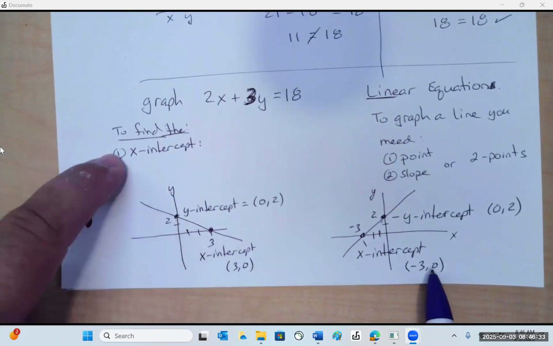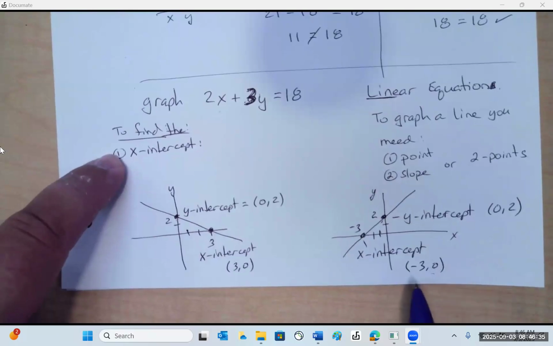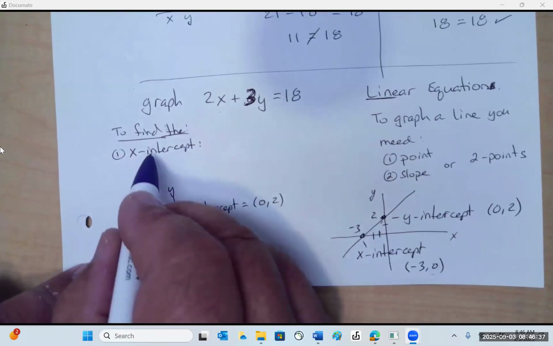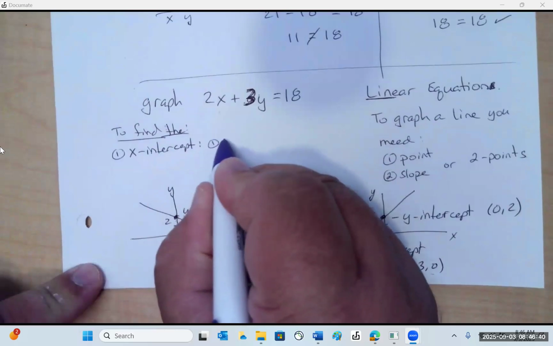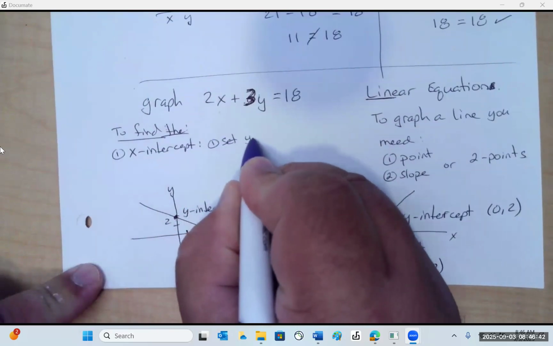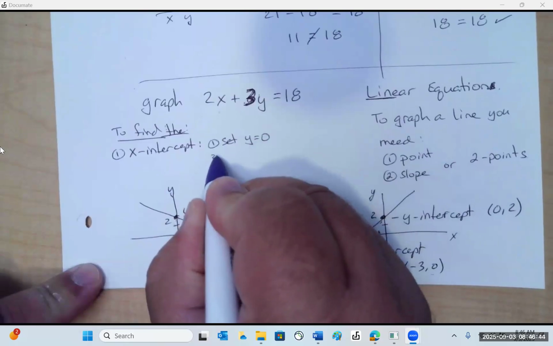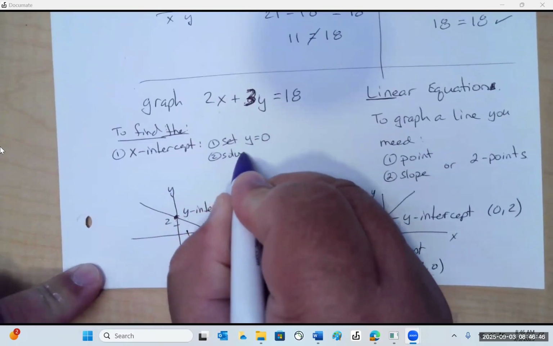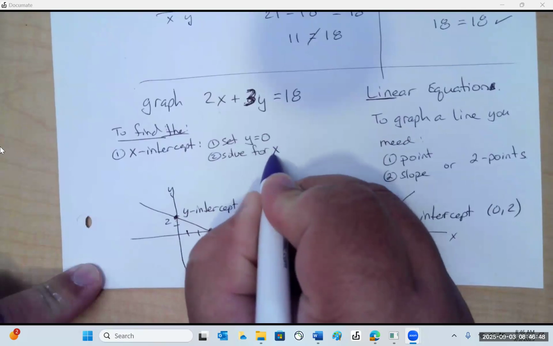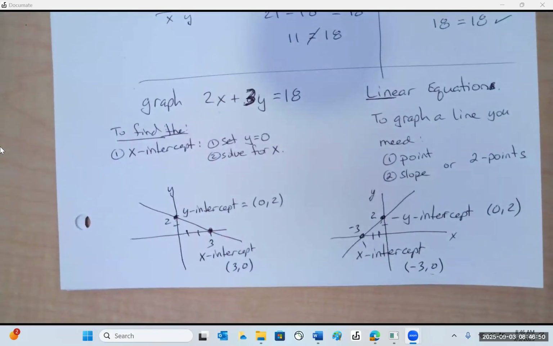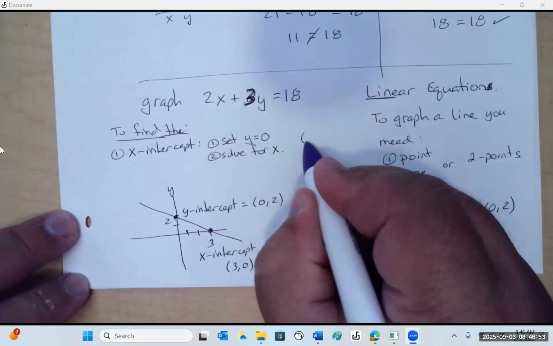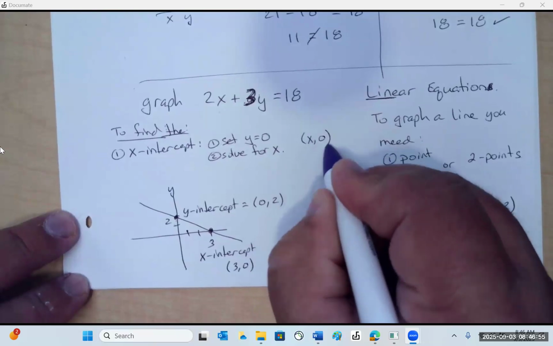For the x-intercept, we cannot have a y value. So to find the x-intercept, first thing you do, set y equal to 0, and then solve for x. Because your x-intercept will always be x comma 0.